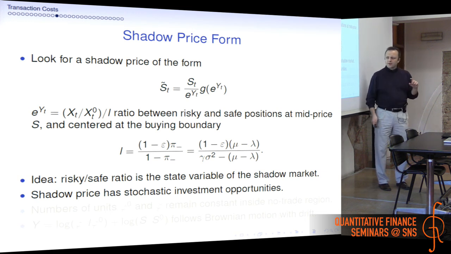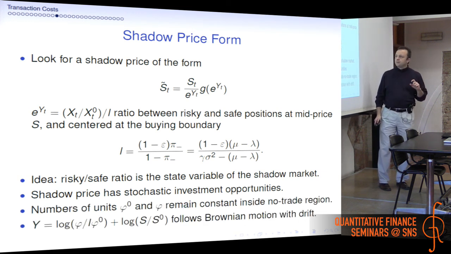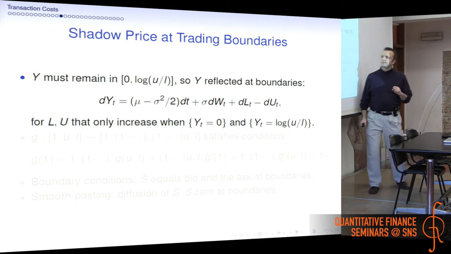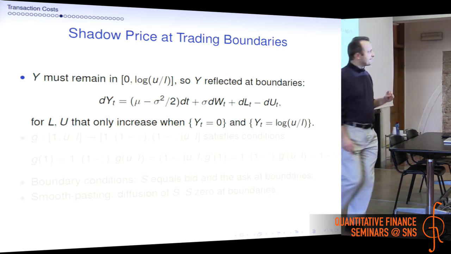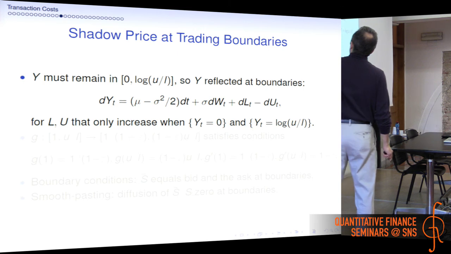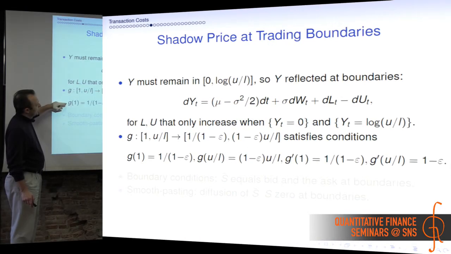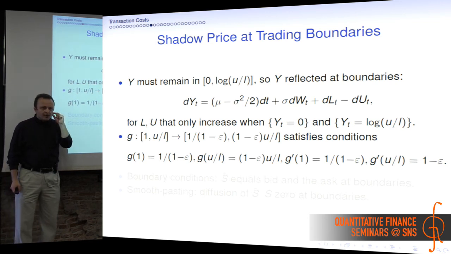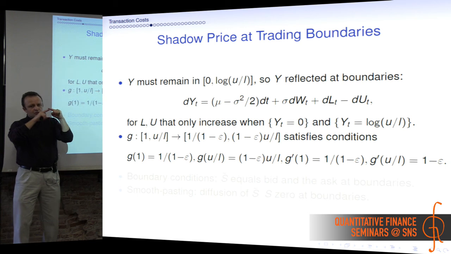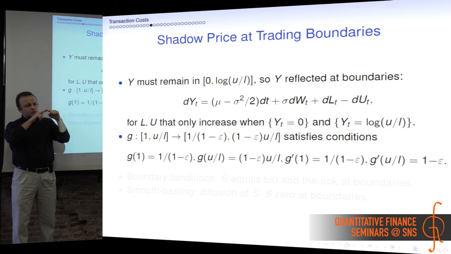Also, it will have the property that when it reaches 1, the diffusion term must be 0. Because if it reaches 1 and the diffusion term is not 0, it will breach 1 immediately. Because diffusions, you know, are restless. They will breach whatever point they are in both directions in no time.